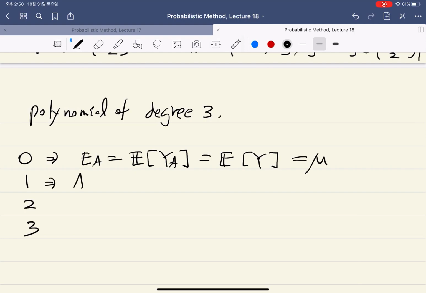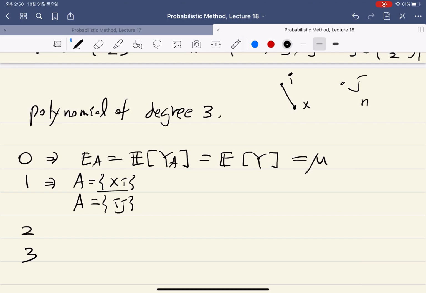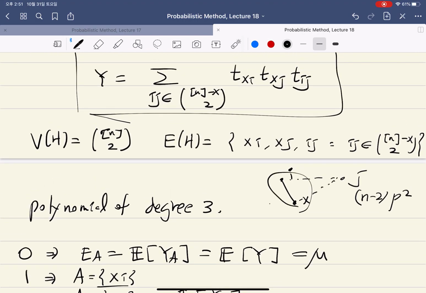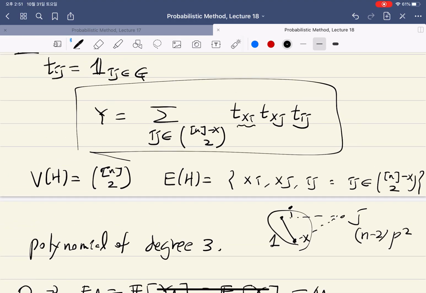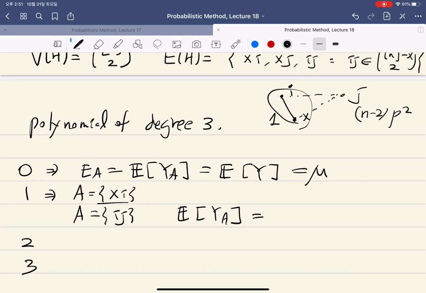If the size is 1, A could be, say, x i or ij. If this is x i, x is here, i is here, we already know there is an edge. Then we have to choose j, with n minus 2 choices. And then the probability that this is an edge, this is an edge, is p squared. So Y_A is just you plug 1 into this x i variable, and the remaining things are determined by j, which is n minus 2 choices.